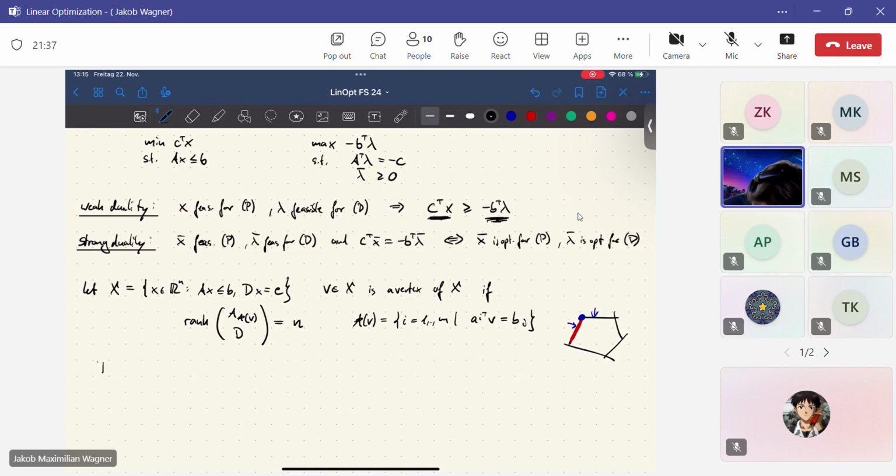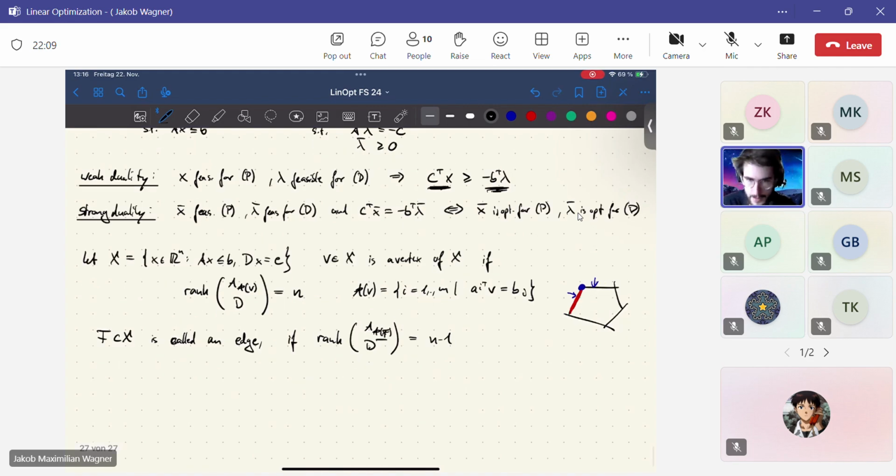And as we said, we call a subset of our feasible set an edge if we have that the rank of A and D is equal to n-1, where now this active index set of the edge F is just the intersection of all active index sets at all points in our edge.